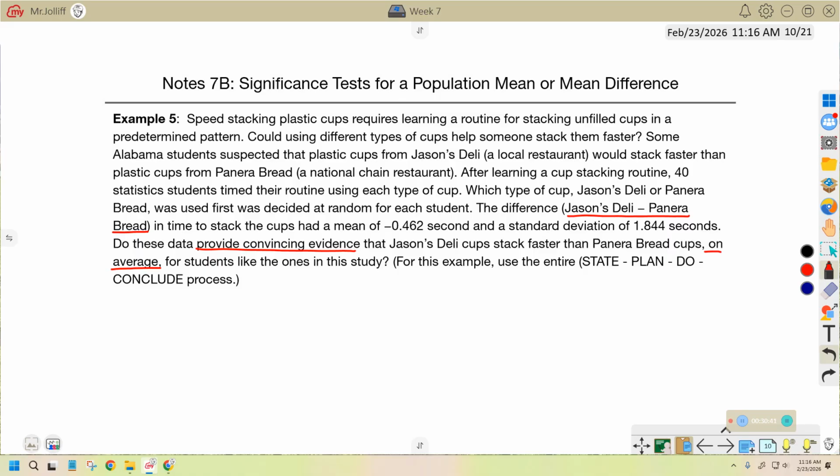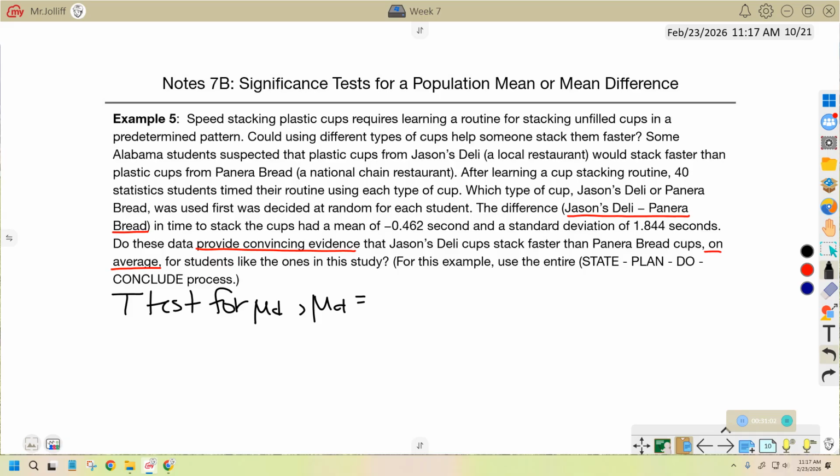So if I'm testing a mean difference, Z or T? T, always T. Mean difference is T. So T test for a mean difference. I'm going to define what that mean difference is.